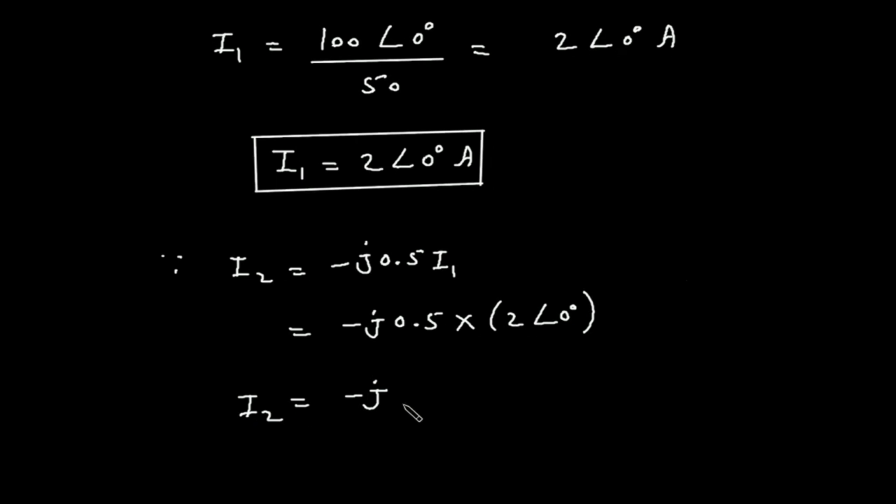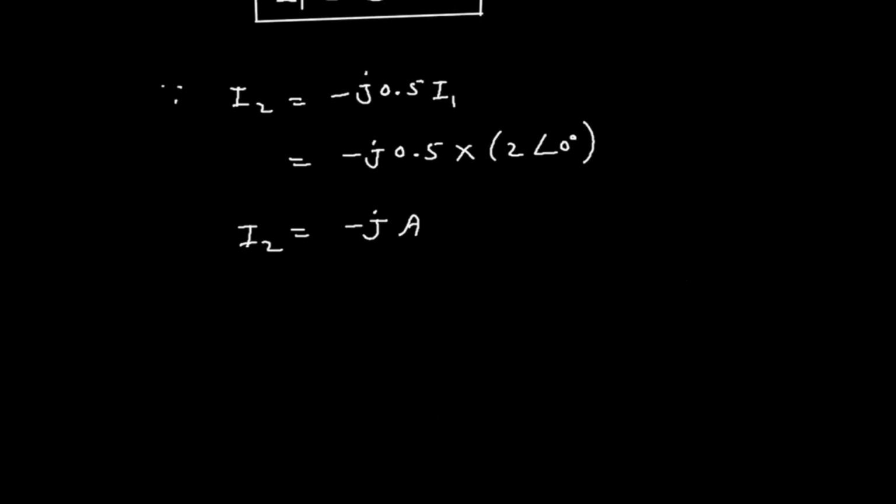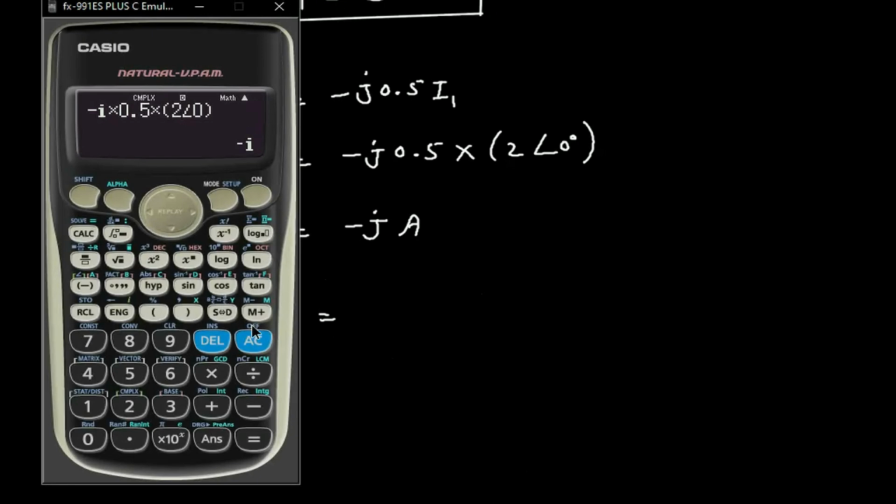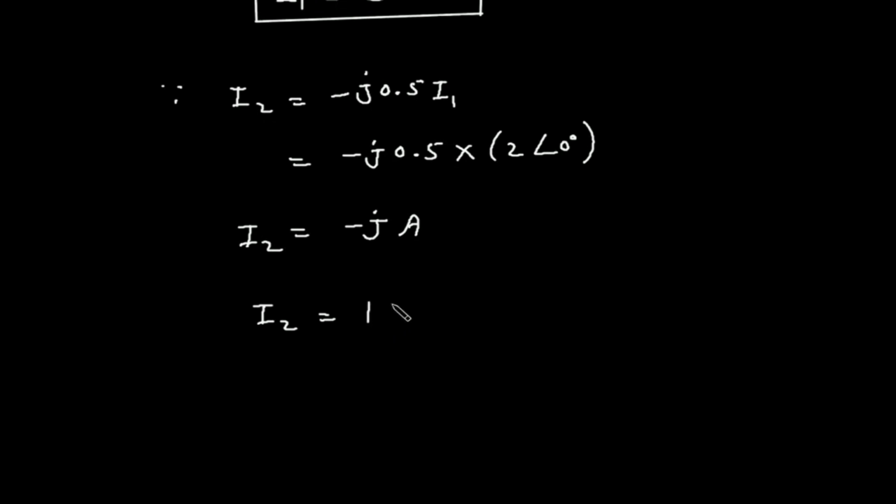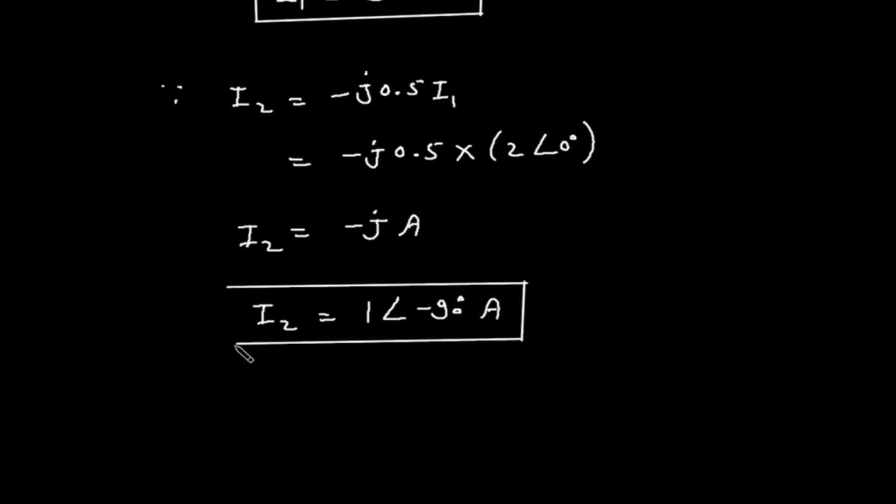I2 is equal to minus j ampere, or in polar form we can write I2 is equal to 1 at an angle of minus 90 degree ampere. This is the value for I2.